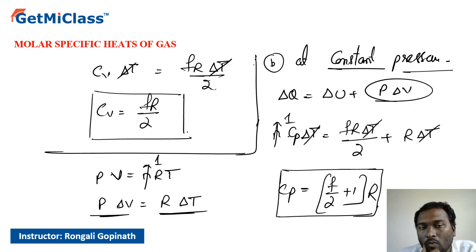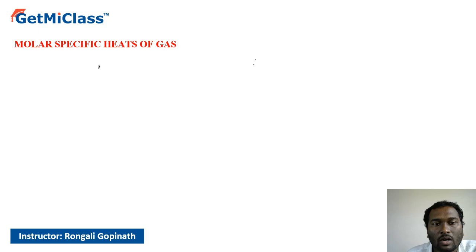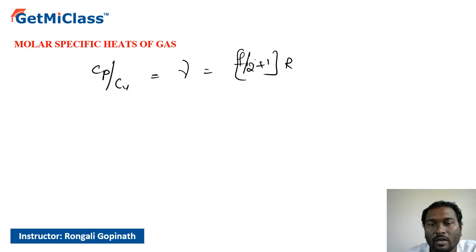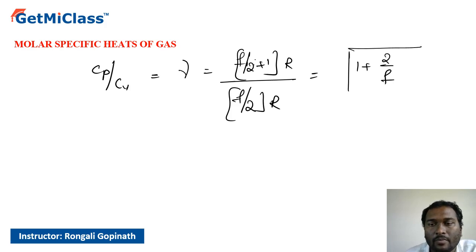Now, what will be the ratio of these two terms? What will be the ratio of molar specific heats, Cp by Cv? We represent it with gamma, if you remember this. Cp by Cv is called the molar specific heat ratio, and it is given by Cp, which is F by 2 plus 1 times R, divided by F by 2 times R. If you simplify it, you will get 1 plus 2 by F. So let's write down the value of gamma for three different kinds of molecules.